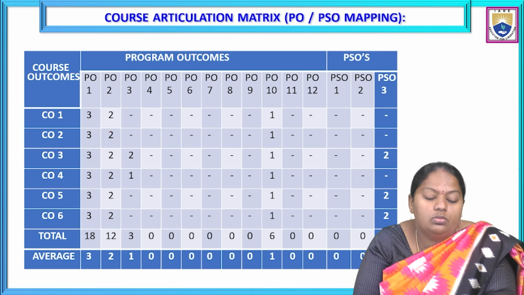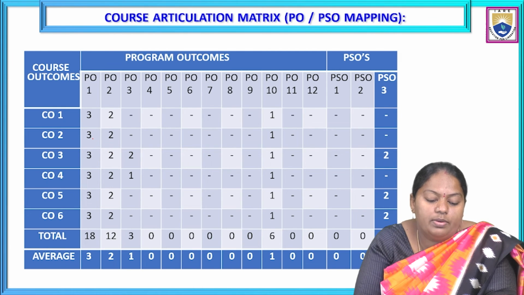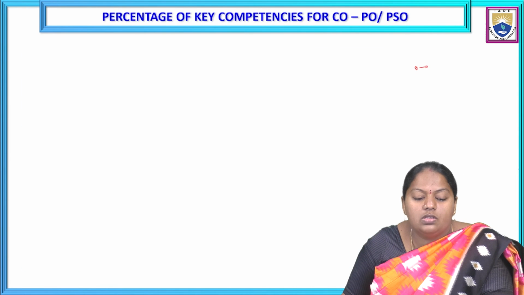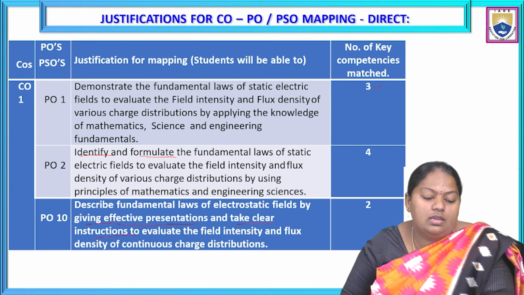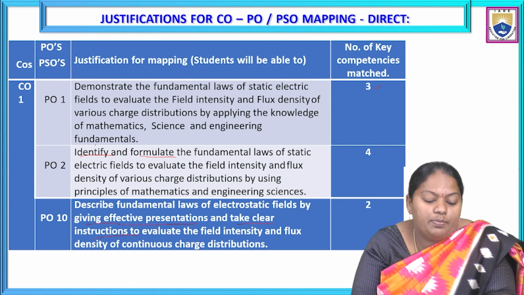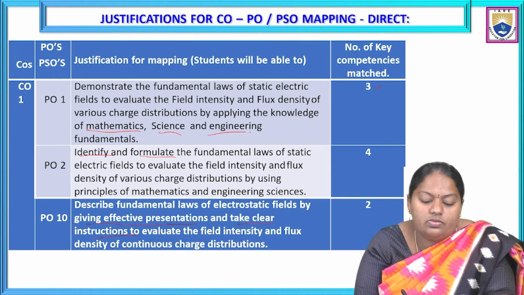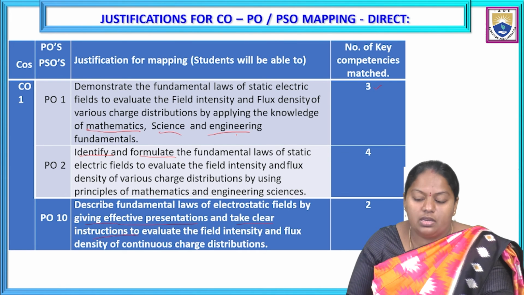and PO1 2, as well as CO2. The complete CO1 to CO6 I have mapped here as 3 according to that. Why? Because in the CO1 to PO1 mapping case, I have considered the fundamental one, by applying the fundamental knowledge involved in mathematics and sciences as well as engineering fundamentals.